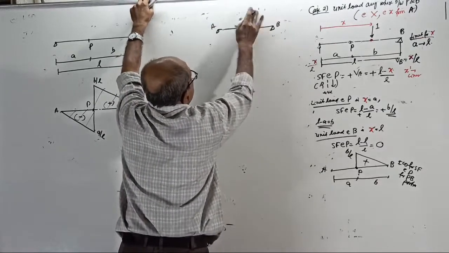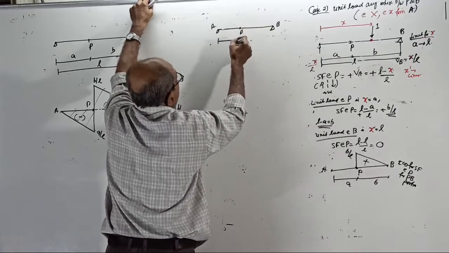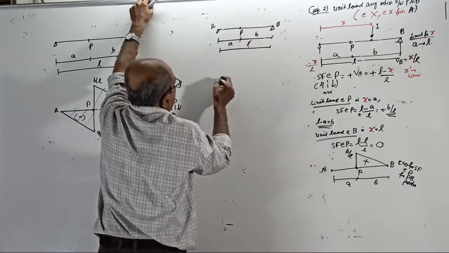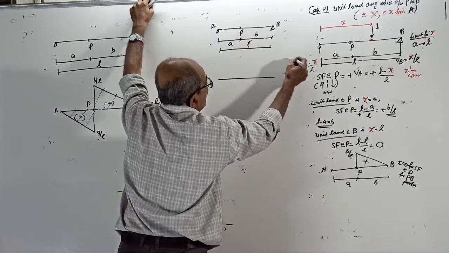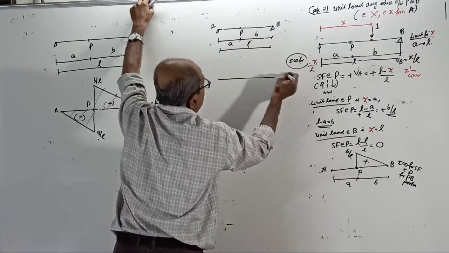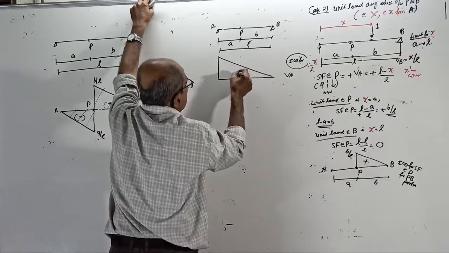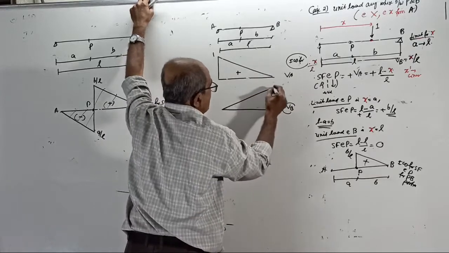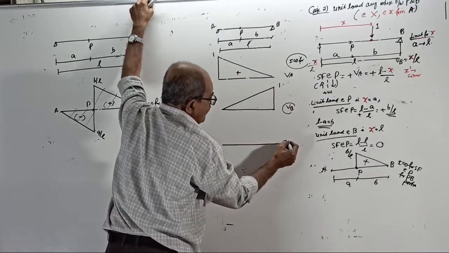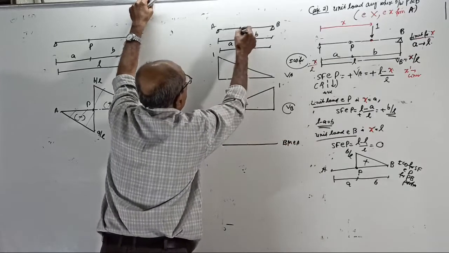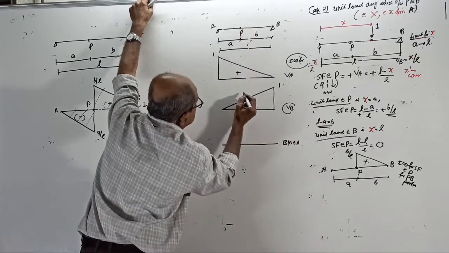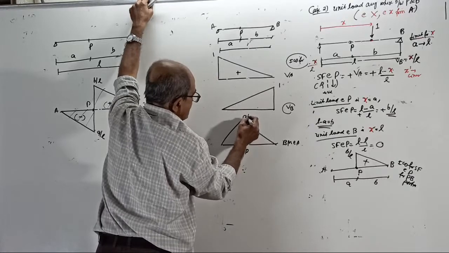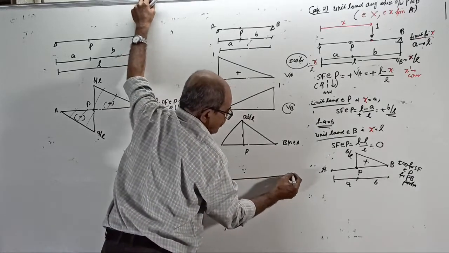A, B, any point P, this is A, this is B, this is L. ILD for VA, ILD for VB, ILD for bending moment at P. Now P will come, jump and come. ILD for shear force at P.